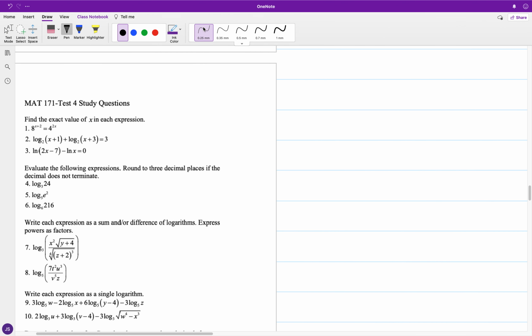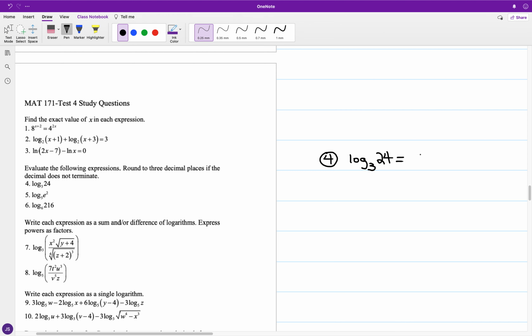So for number 4, we have the base 3 logarithm of 24. And again, we can utilize the change of base formula. Now, 24 is a multiple of 3, but it is not an integer power of 3.